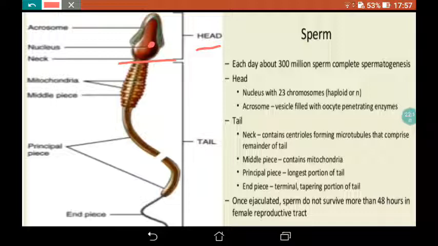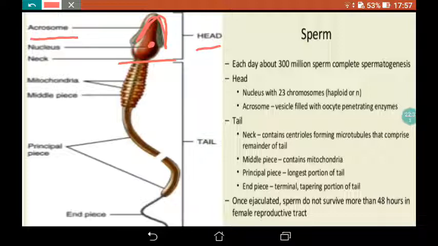It can fuse with the female pronucleus and result in formation of the zygote. Now at the tip of the head, you find the presence of one cap-like structure, which is called the acrosome.